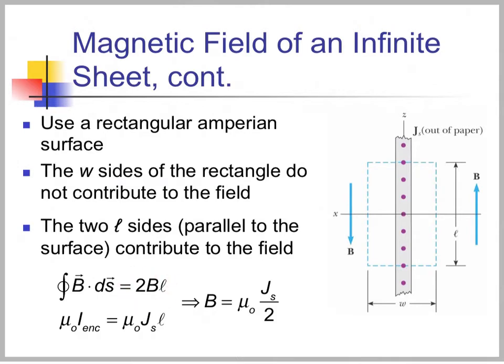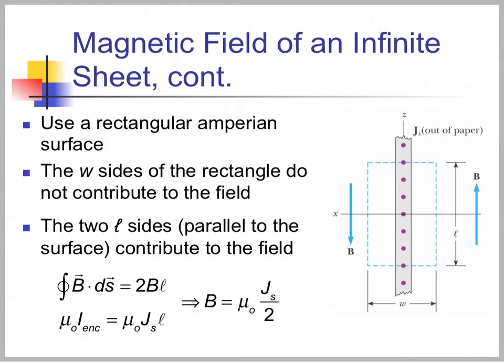Now, I have to figure out the current enclosed. The current enclosed is going to be the current density, the current per unit length, times the length enclosed by my Amperian surface, so J L. So I put those two things together, and I get B is equal to mu naught J over 2.